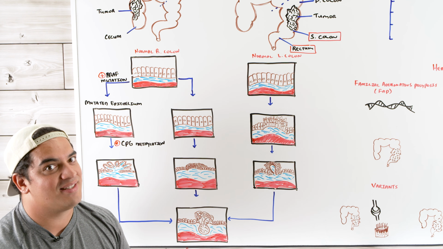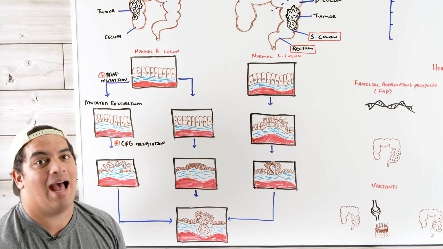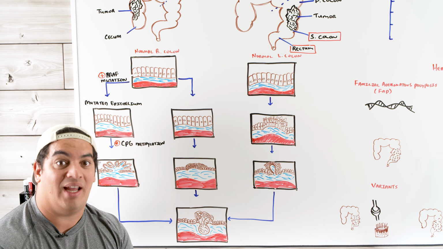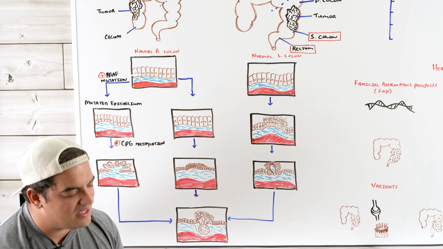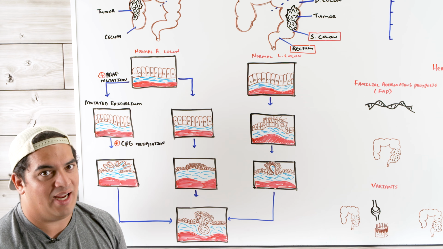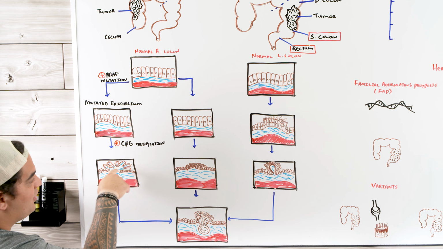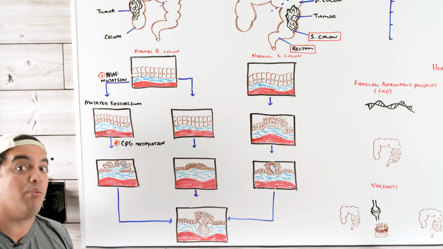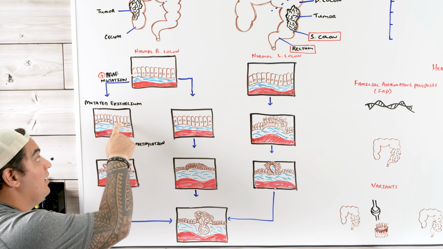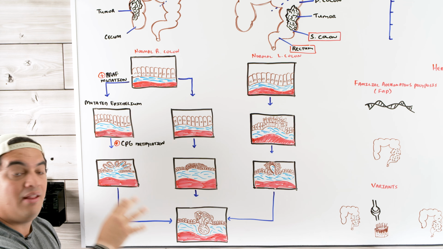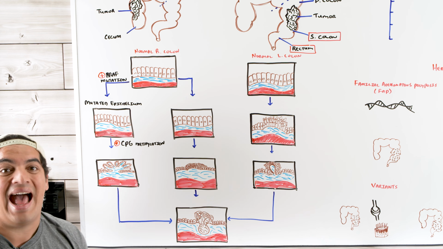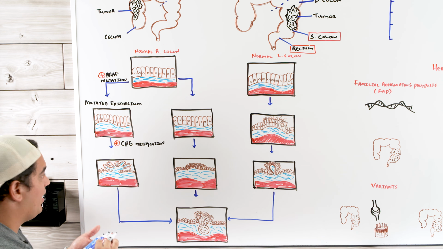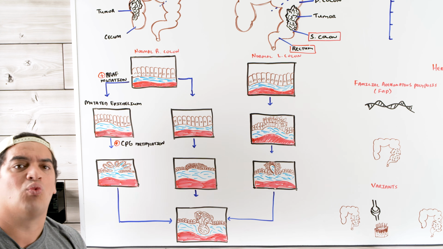If they can't fix that process, what's going to happen? You're going to end up with an abnormal mutation, and then what happens to the epithelium? It becomes mutated. This is when these patients can grow pretty quickly. They can turn a normal epithelium without even forming a polyp. These things can form big things called adenomas, and they're usually called sessile serrated adenomas.